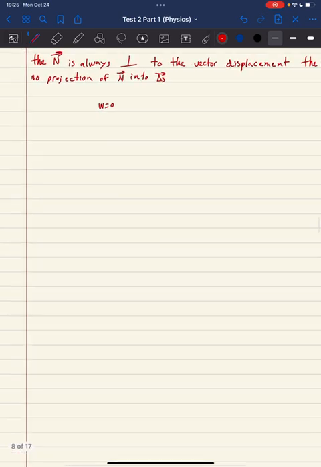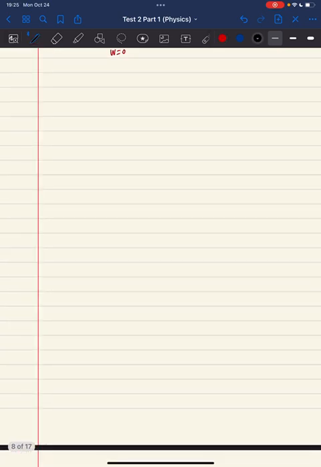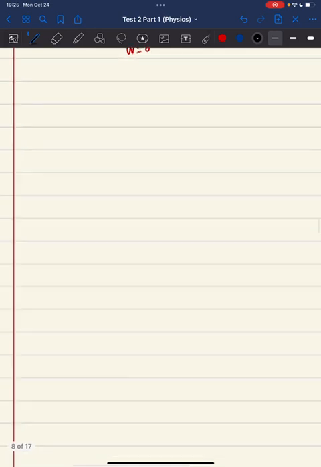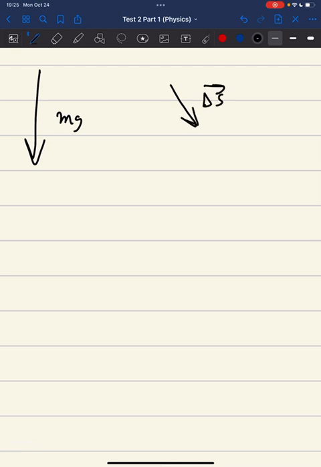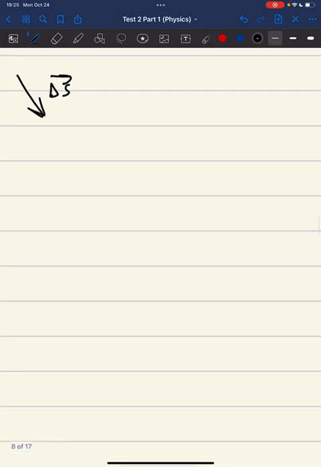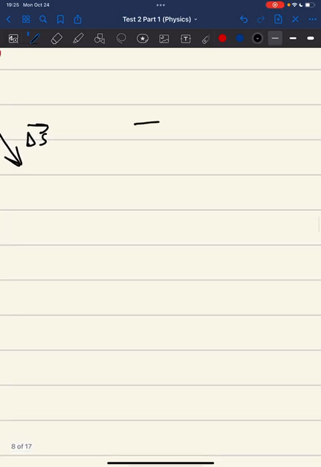So we're gonna do this representation. We're gonna do mg going down, vertical displacement of S, of course, and then we're gonna do the change of x and the change in y.